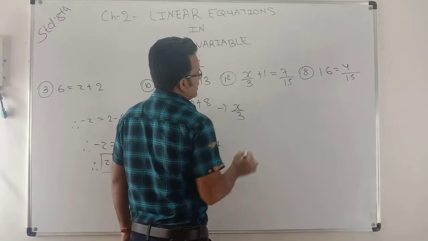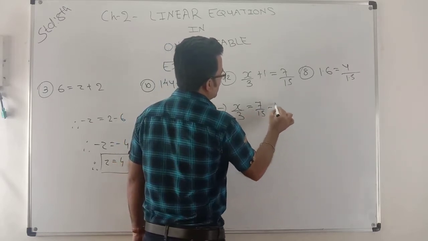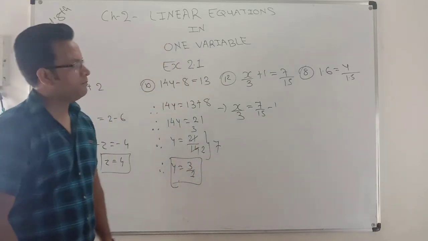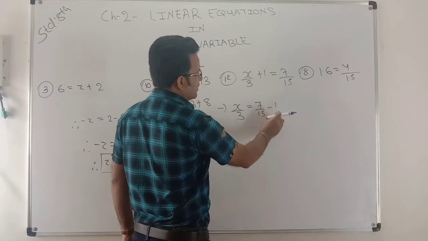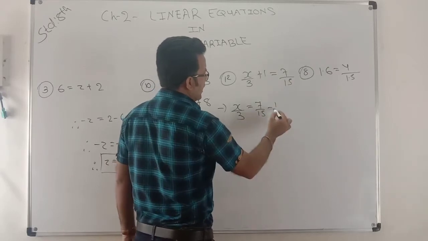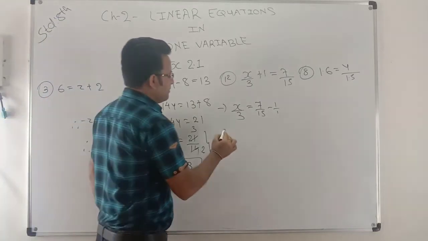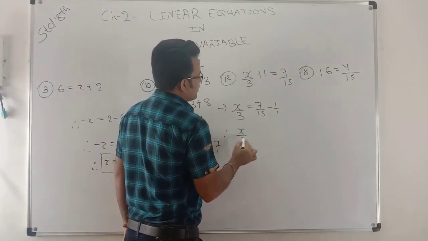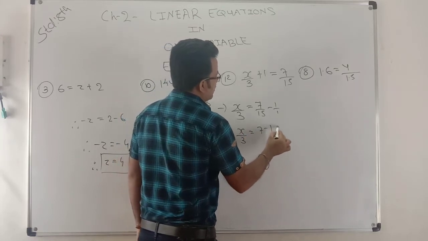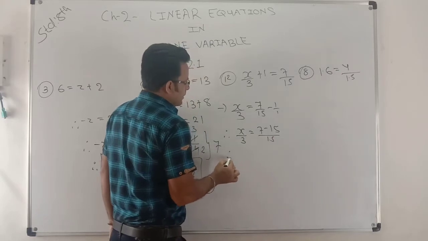X upon 3 is equal to 7 upon 15 minus 1. Now you can see here only numerator is given here, denominator is missing. So take the LCM of 15 and 1, that will be 15 only. Therefore, x upon 3 is equal to 7 minus 15 upon 15.